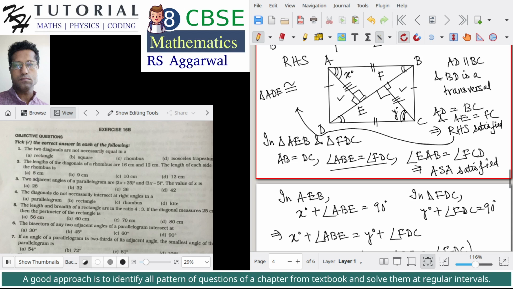Angle E and angle F are right angled, so definitely E will have correspondence with F. We also have AE equal to FC, and since E and F correspond, definitely A will correspond with C. So this will be C, and hence B, CBF. So triangle ADE will be congruent to triangle CBF.